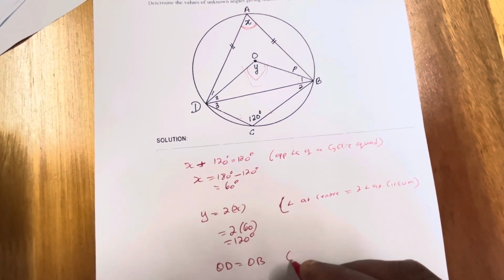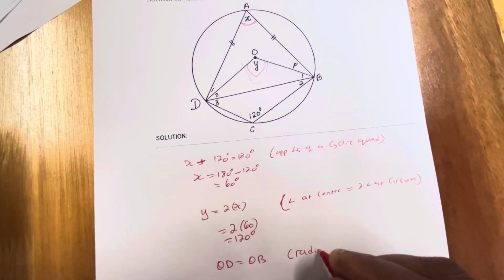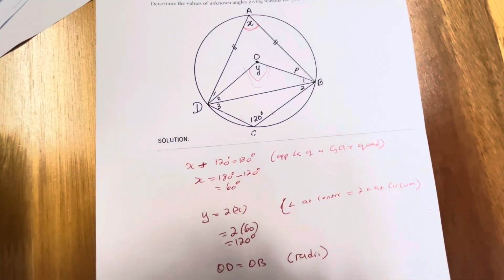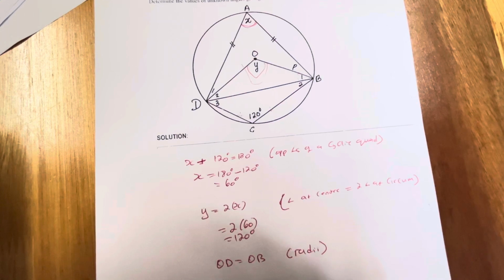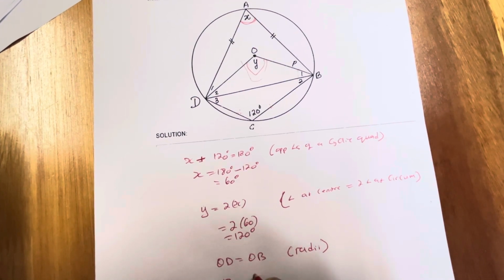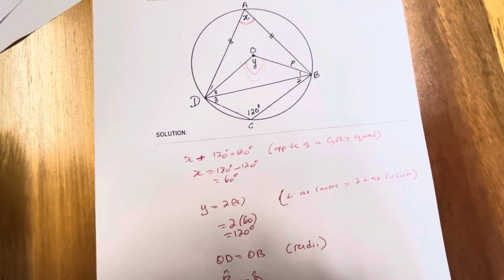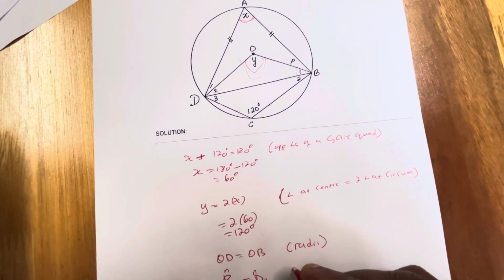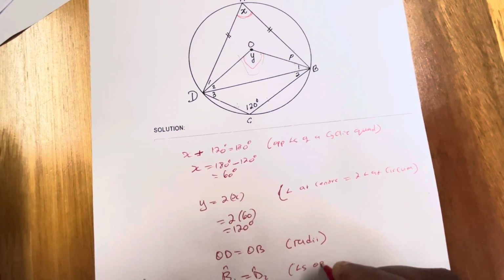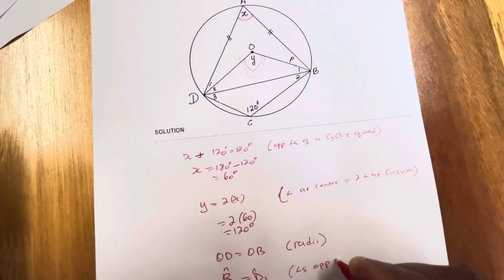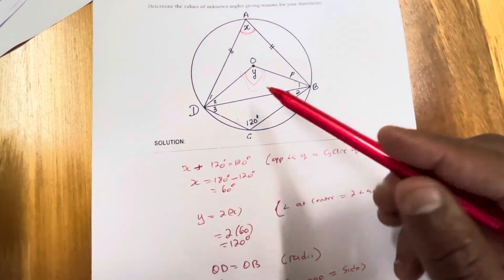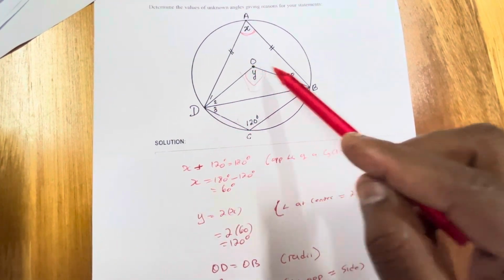Why do you say this? It's because of radii. They're both radius. So angle B1 is equal to angle D2. Why do you say this? This is because of angles opposite equal sides, since OD is equal to OB.